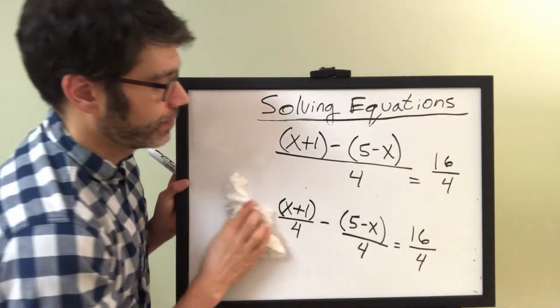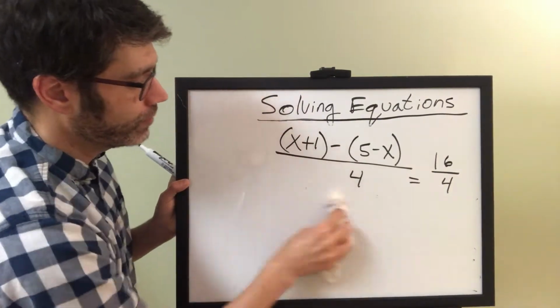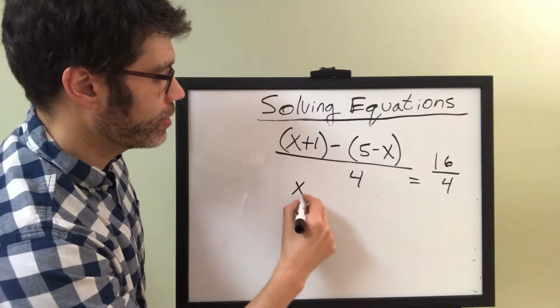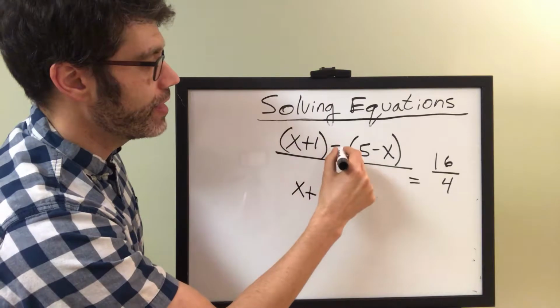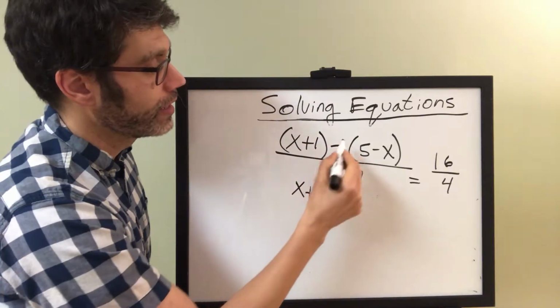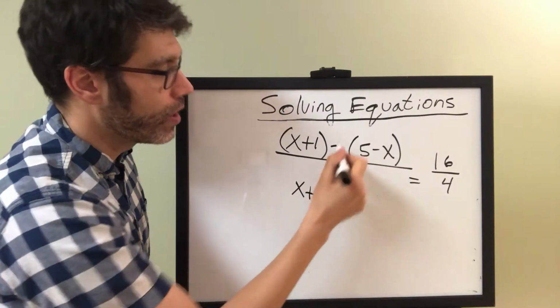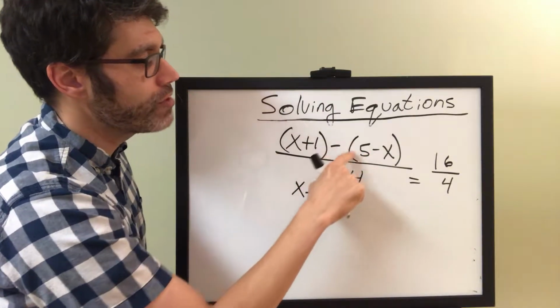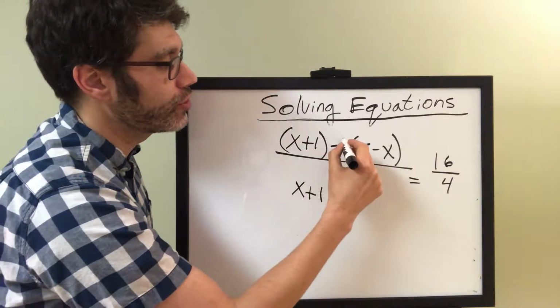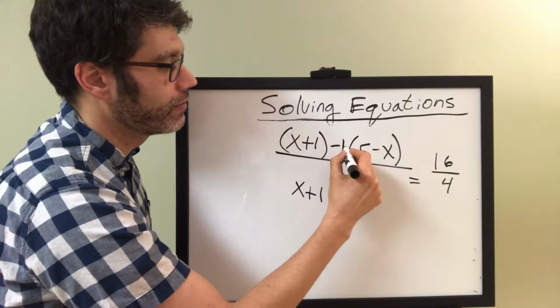All right. So now we can distribute the negative, okay? So x plus 1, and then this negative right here, it is very important to know that if there is no number that's explicit, you can assume that it's a 1.